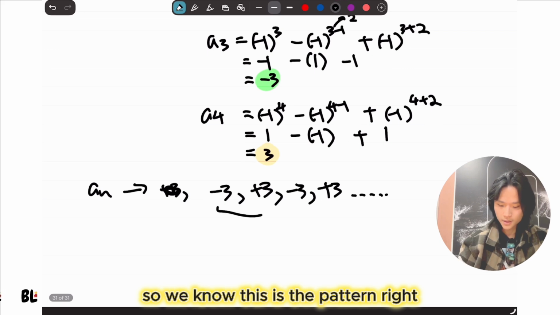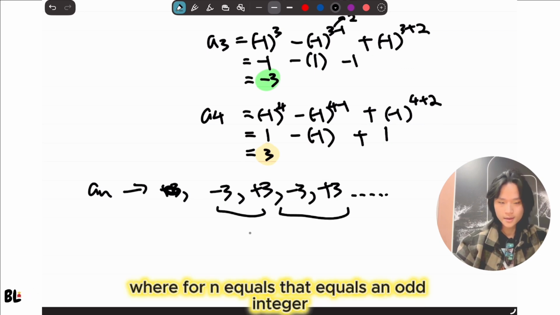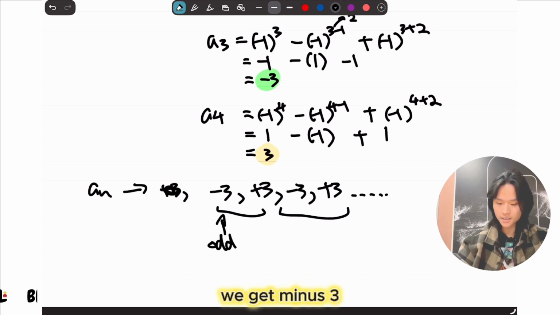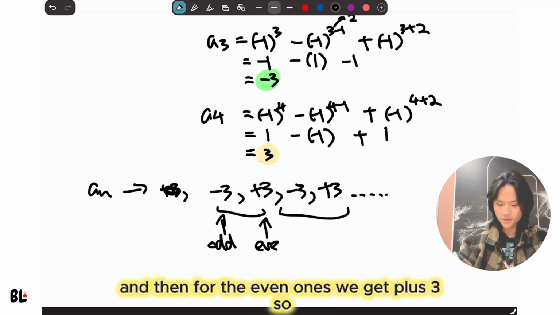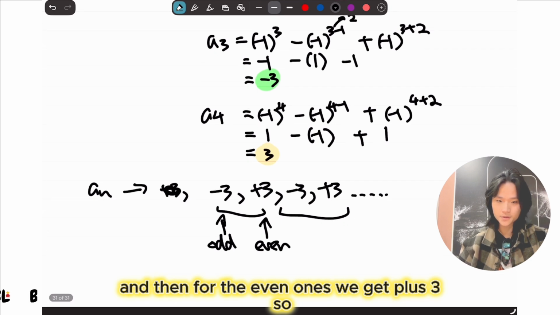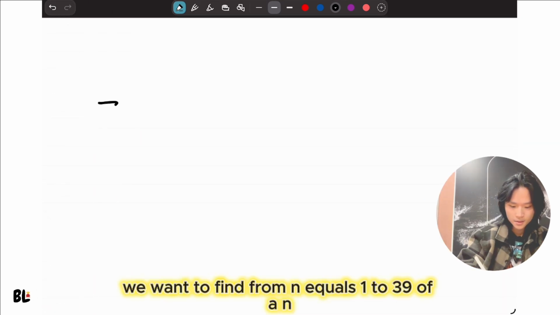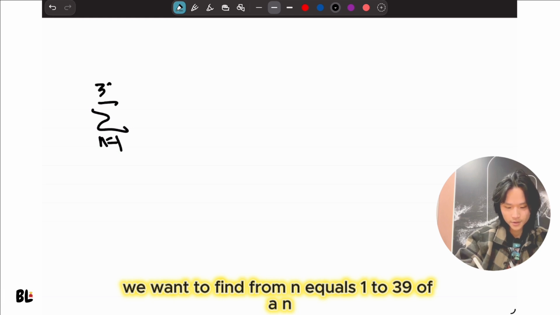So we know this is the pattern, where for n equals an odd integer, we get minus 3, and for the even ones, we get plus 3.